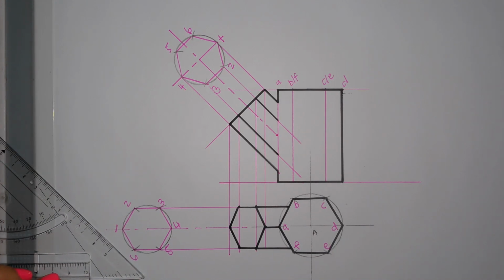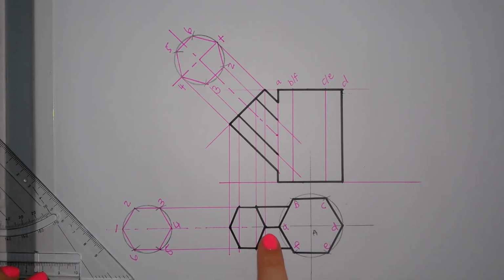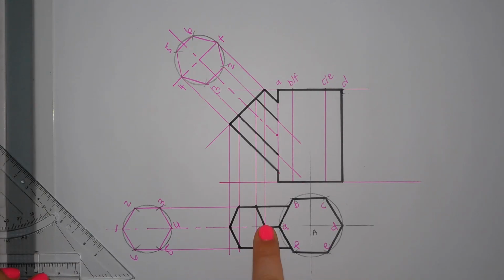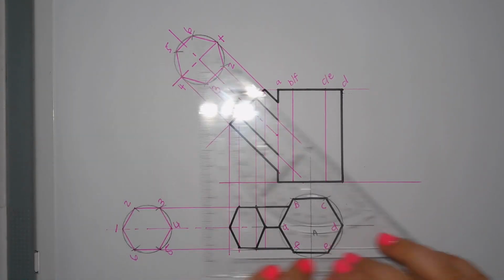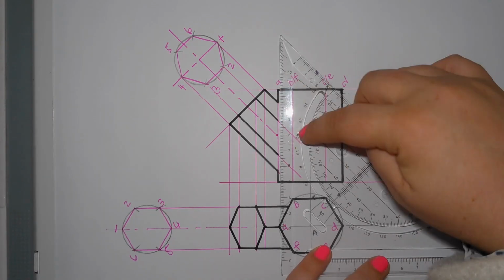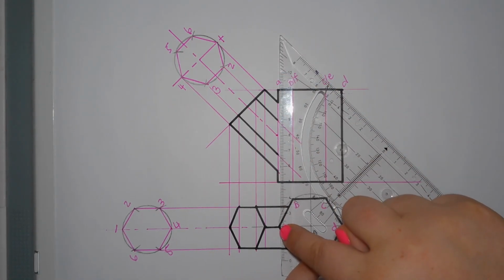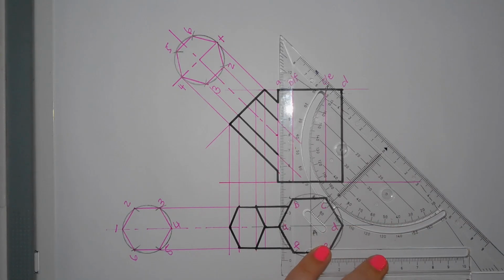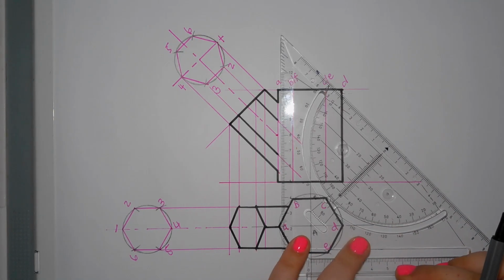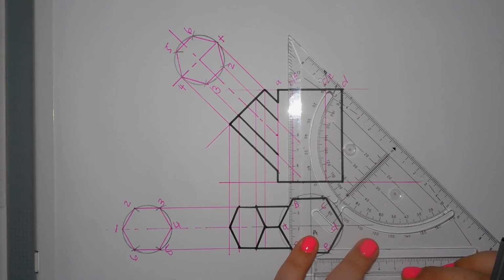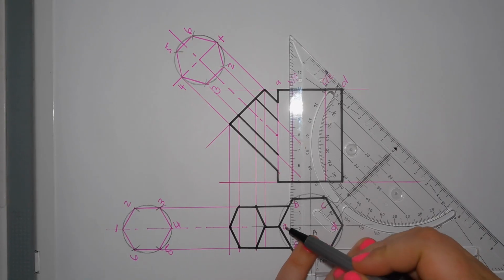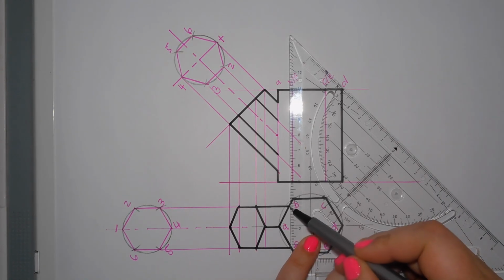Okay. If I look at number 1 and 4, they all meet at the same spot. So that's why I didn't extend these lines, because 1 and 4 meets here. Next, 2 and 3 touches line AB over there.